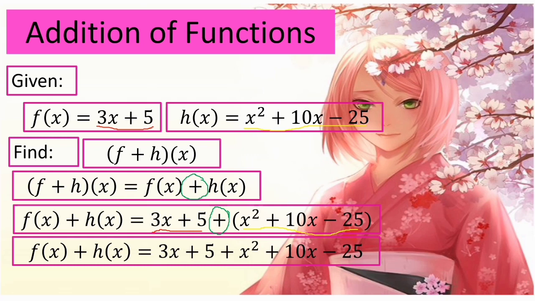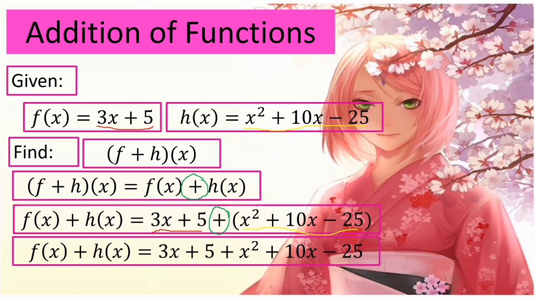So dito class, gagamitin muna natin yung distributive property over addition or subtraction para matanggal natin yung groupings. Kasi nga, sabi ko, baka mamaya, dun tayo sa subtraction of function, bakit nag-iiba yung sign nila? Bakit dito sa addition of function, hindi nag-iiba? Baka malito kayo. So, gagawin na natin.